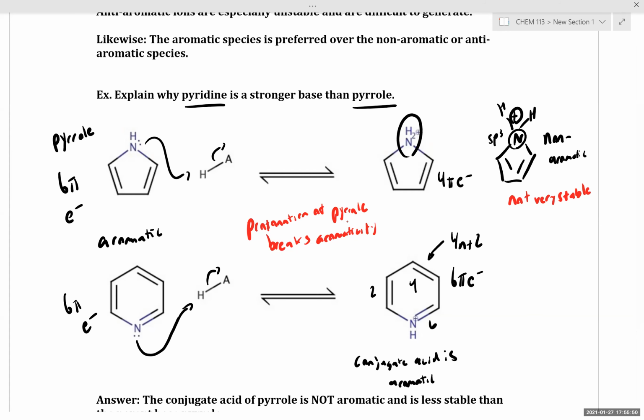So then, which of these protonation reactions occurs more readily? In which case do we have a small difference in energy between our reactant and product? We have one student typing in the chat that this second reaction occurs more readily, and that's exactly right.